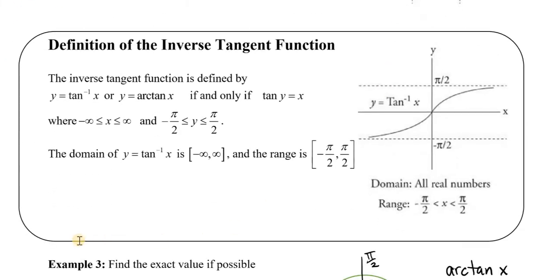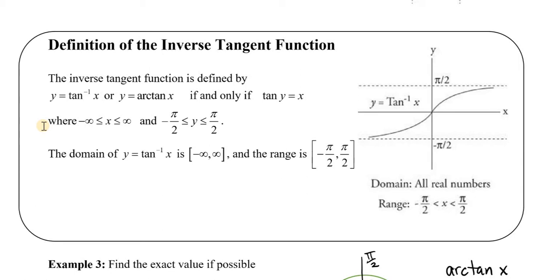So here is our definition of the inverse tangent. The inverse tangent, tan to the negative 1, or arctangent, is defined if and only if the tangent of y equals x, where x is between negative infinity and infinity, so all real numbers, and y is between negative pi over 2 and pi over 2.